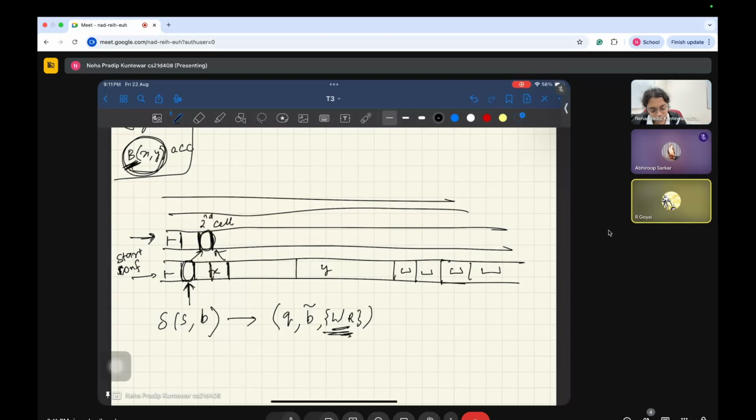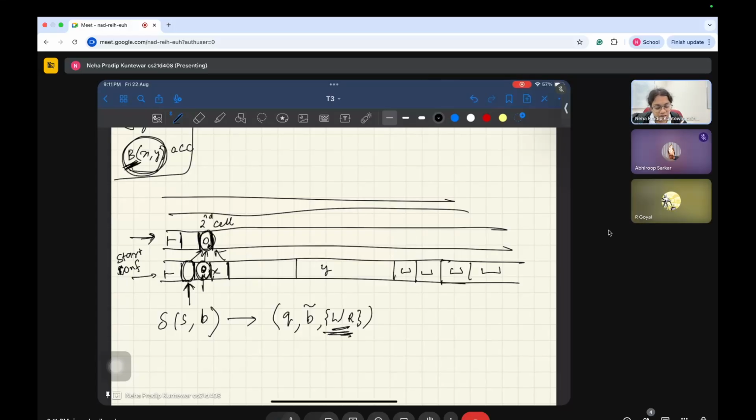The reason why this middle cell also affects the configuration is because it tells you what was here. So if I had a 0 here, then I'm going to retain that, unless I write there. So the content of this cell determines the content of this cell.